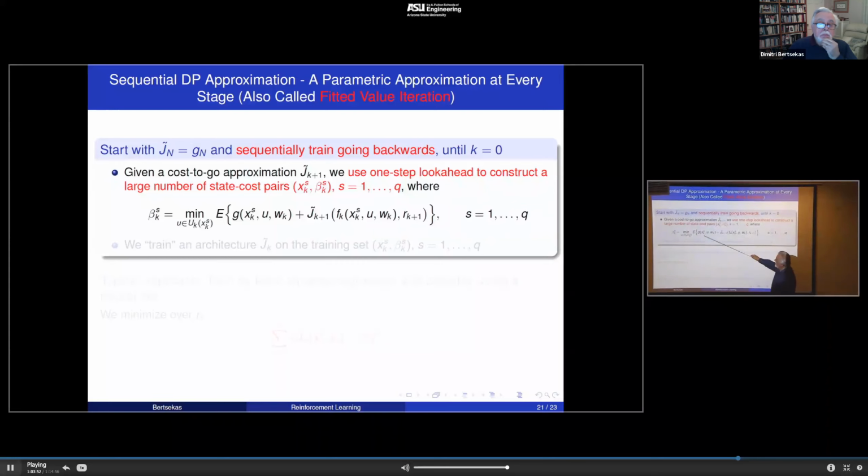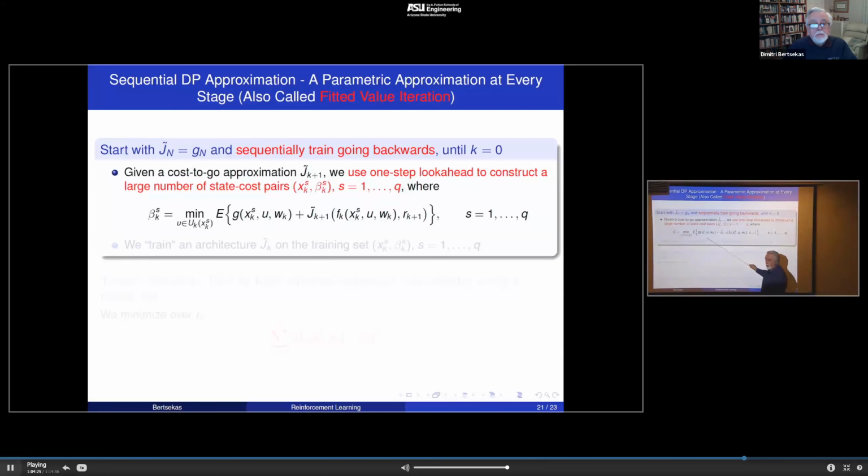So we want to approximate this expression here, right, the dynamic programming expression. So we pick a large sample of states, x_k^s, where there are q of them. Q can be very large. And we calculate this expression here using j tilde from the preceding stage. Okay? So for just the states in my sample set, I do this minimization, this expectation.